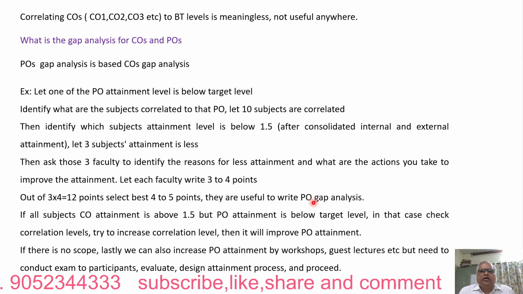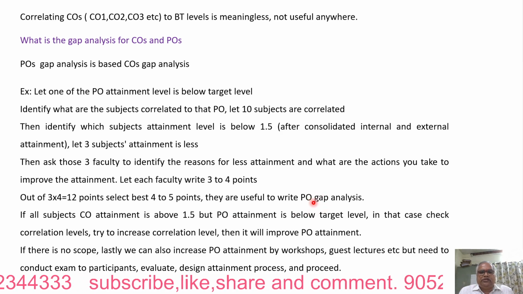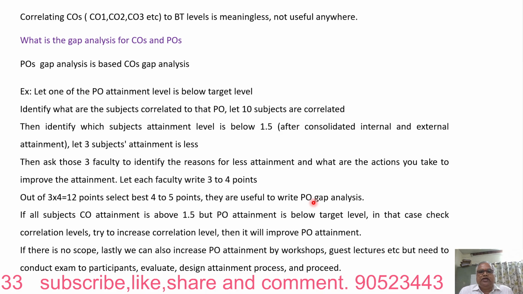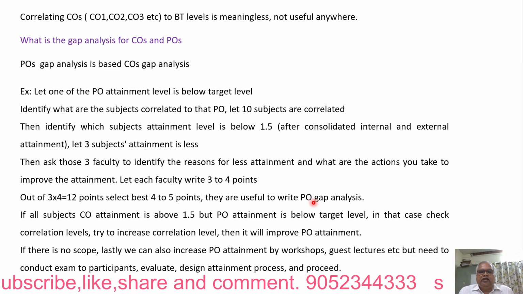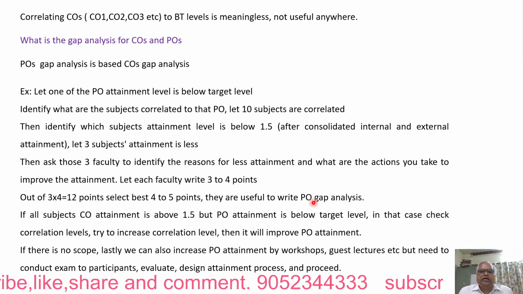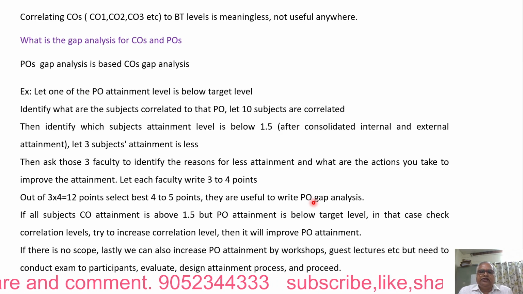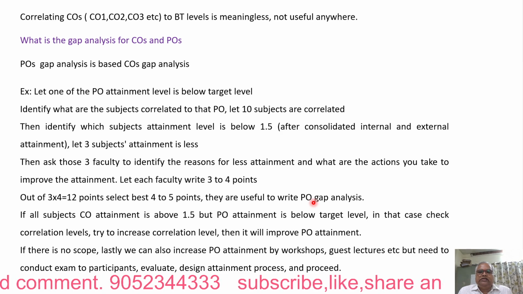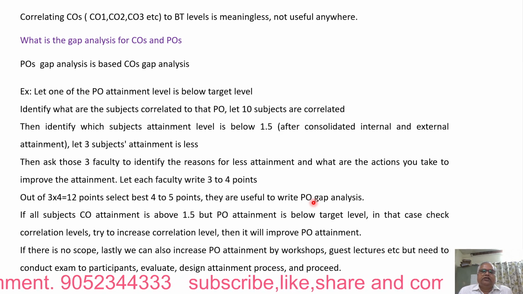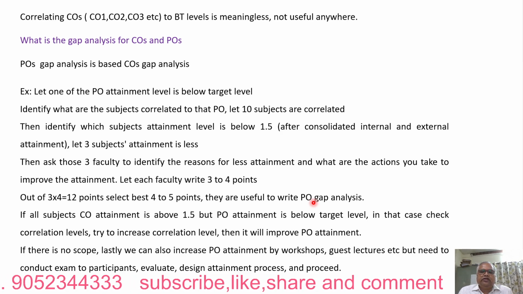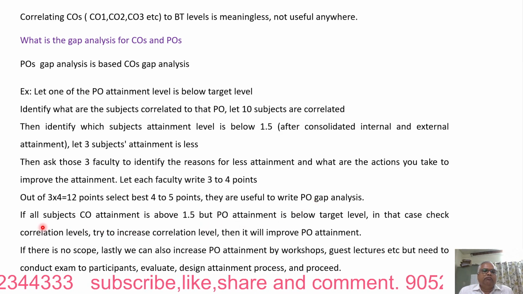Whatever remedy you are taking is for the next batch. So see that with the help of this gap analysis, the next batch's PO is improved. If it is improved, then these remedy actions are working. Otherwise, you have to think of what other remedy action we can implement.